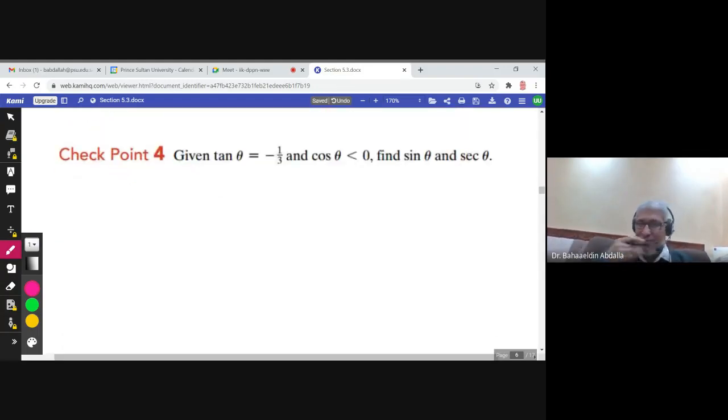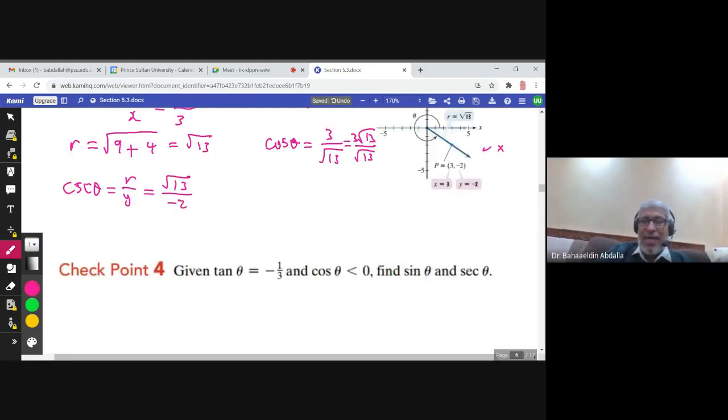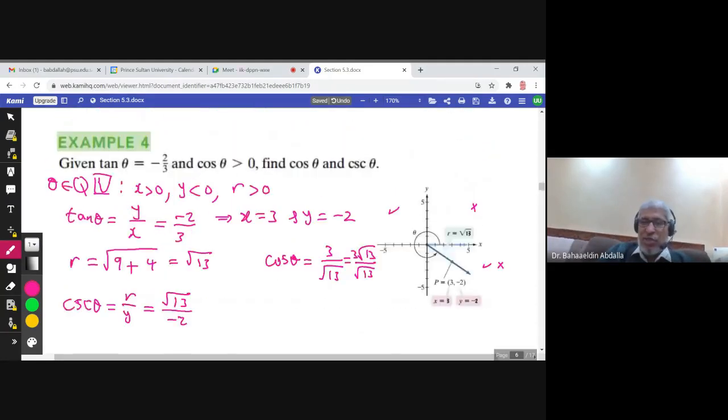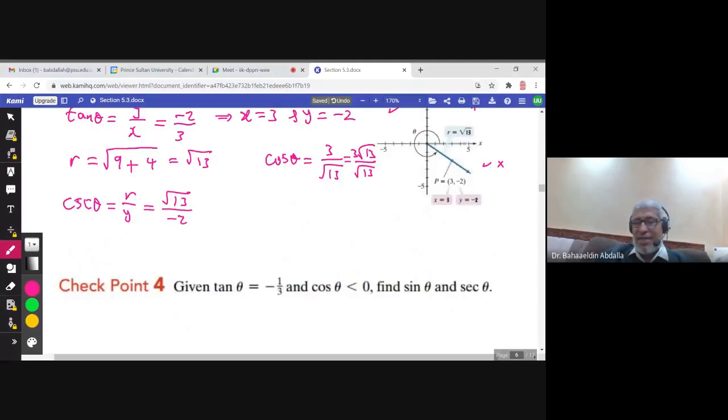Another question. This is exactly similar to this one, okay? Just the cosine here is negative. So we would be here or here, in the second or the fourth. So theta here would be in quadrant 2. And in quadrant 2, x would be negative, y would be positive.